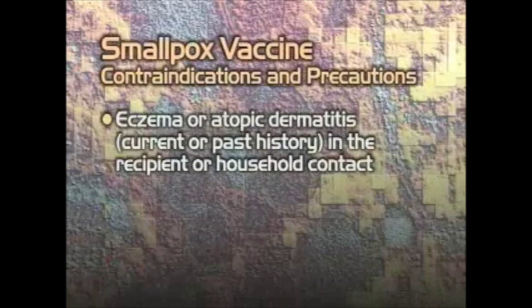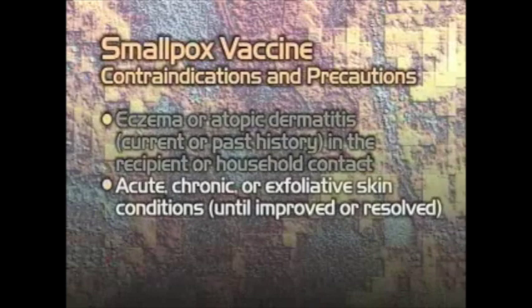Because of the increased risk for eczema vaccinatum, smallpox vaccine should not be administered to people with eczema or atopic dermatitis or a past history of these conditions. People who have a household contact with eczema or atopic dermatitis or a history of these conditions should also not be vaccinated.